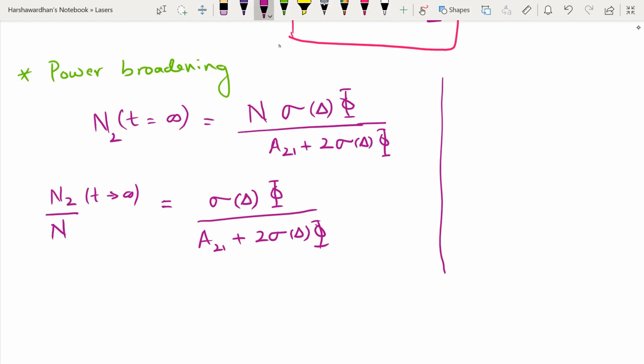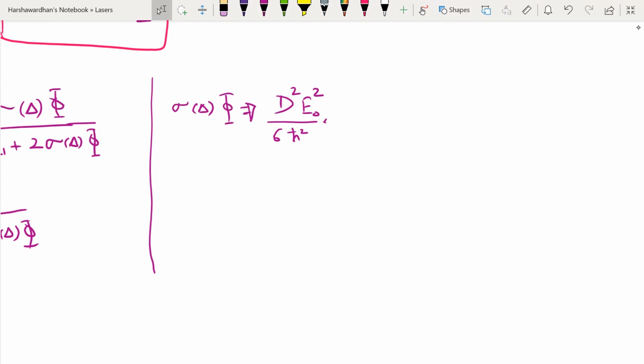You can do the algebra, but sigma(delta) times phi, which is by the way the same as the rate of absorption, will come out to be d square, the dipole moment squared, E naught square coming from the phi, divided by 6 h cross square, times beta divided by delta square plus beta square.